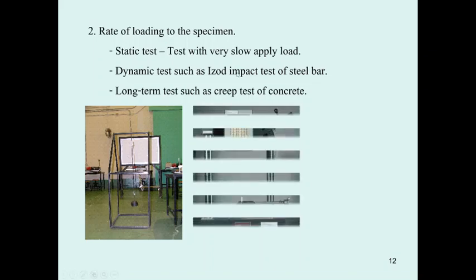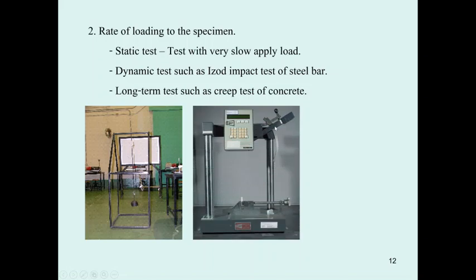So they have to test something like this. In this test, the specimen is set over here, and then you have the weight here, and when you release the weight, this one is going to swing and hit the specimen, and measure how it's going to behave under the hit of the weight.